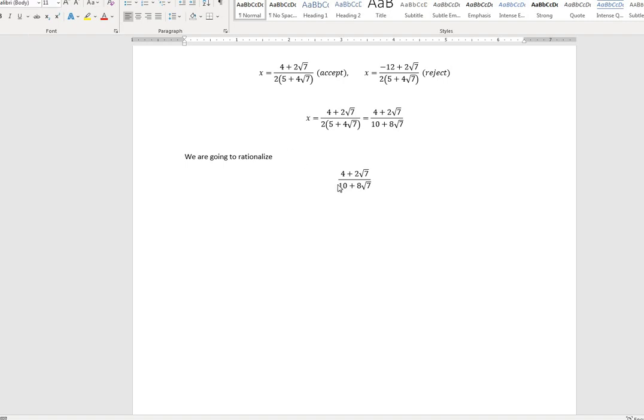So how to rationalize this fraction? You have to times it with its conjugate.